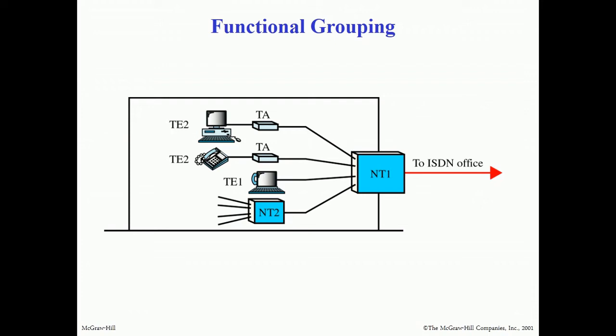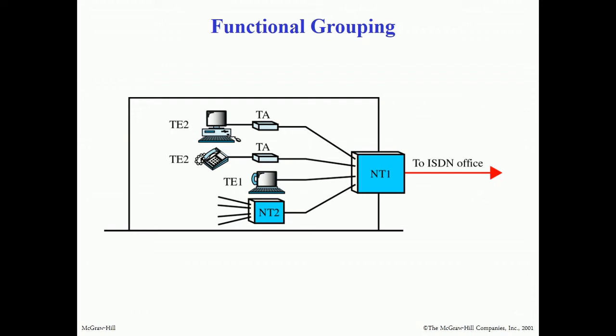What is TA here? Terminal adapter. These are the terminal adapters. What are the NTs here? Network termination device. The NT1 is a relatively simple device that serves as an interface between the ISDN basic rate interface line and our other ISDN equipment, and converts the 2-wire U interface into the 4-wire S/T interface.